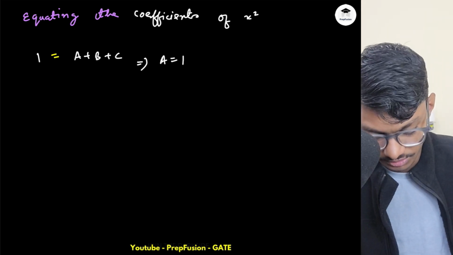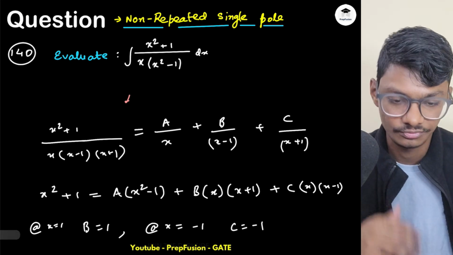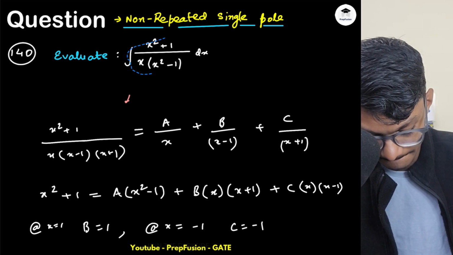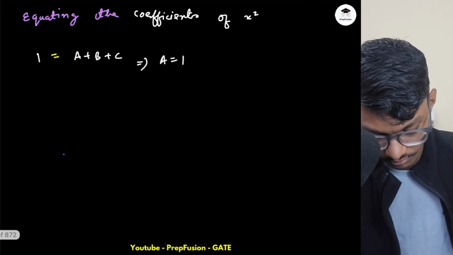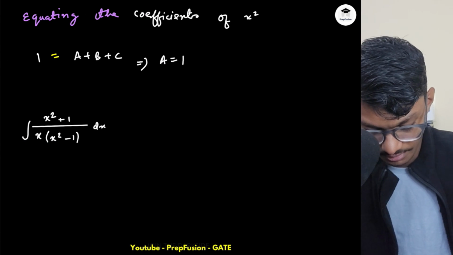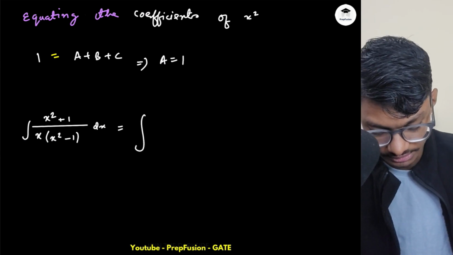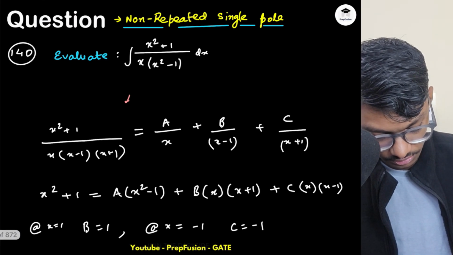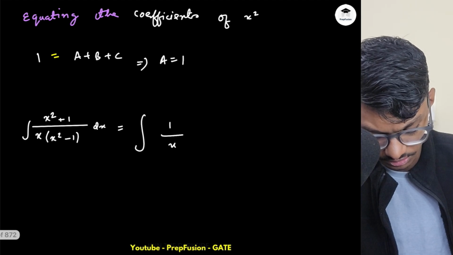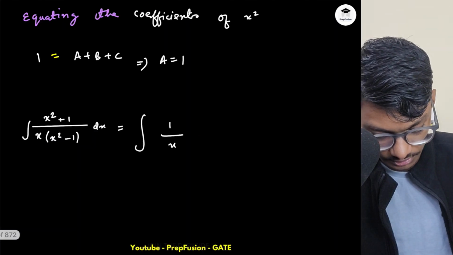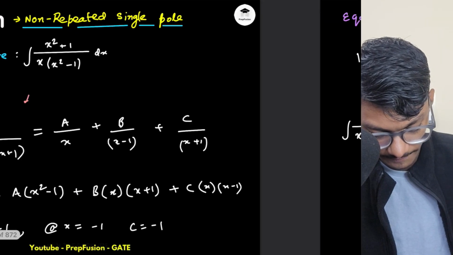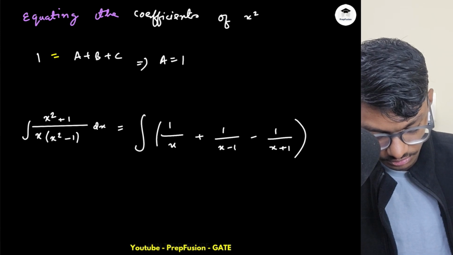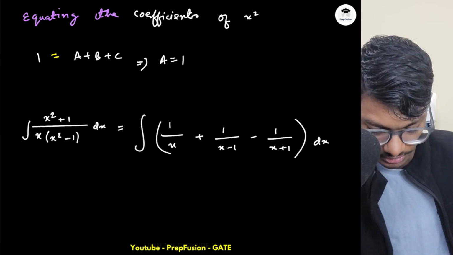So now you can simply replace this equation and you can replace this with simple logs. So this integration I can simply write like this: a upon x plus b upon x minus 1, so 1 upon x minus 1, plus c, which is minus 1 upon x plus 1, into dx.